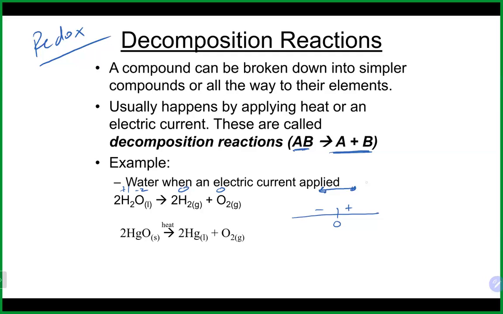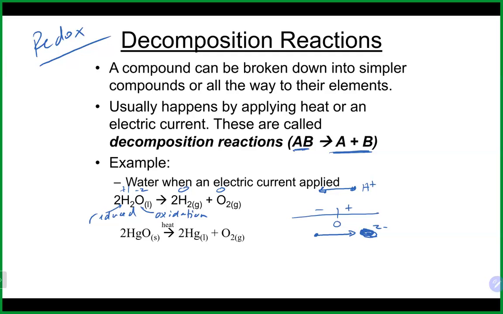So in this case, it is the hydrogen that is being reduced. And the oxygen, which is -2, ending at 0, is going through oxidation. That's because it's basically the opposite of putting it together. So to break it back apart, the electron's got to go the other way, basically. And that's what is happening in this case.